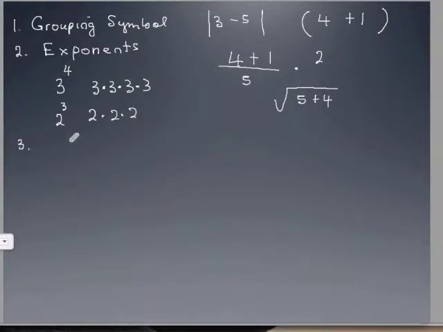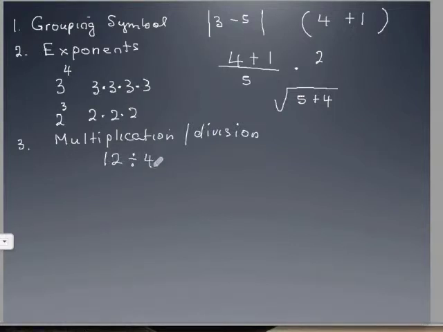Then we will do multiplication and division, whichever comes first. For example, if you had 12 divided by 4 multiplied by 2, you would want to do 12 divided by 4 first and then take the answer and multiply by 2, and your answer would be 6.